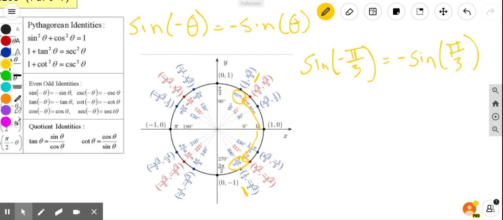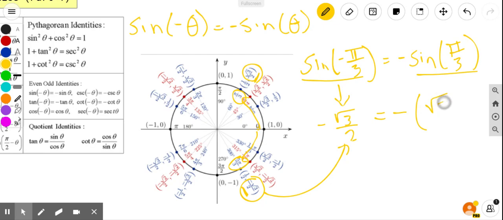I know this value represents negative radical 3 over 2 according to the unit circle. And sine of pi over 3 would be radical 3 over 2. So as a result, I get negative radical 3 over 2 is equal to negative radical 3 over 2.